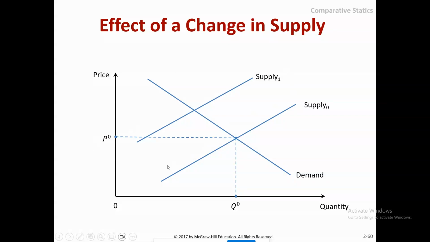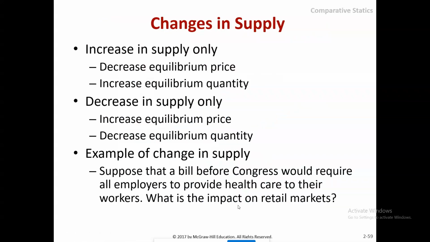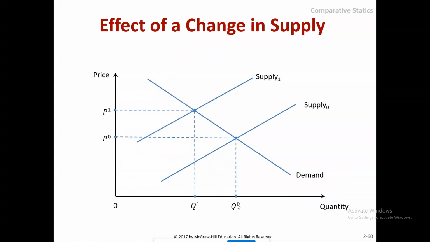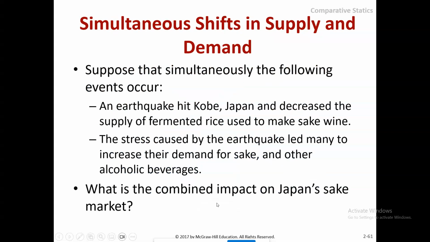So supply decreases, shifting left. If the initial P0 prevails, we will have lower quantity supplied and higher quantity demanded, resulting in a shortage. Therefore, they increase the price and lower the quantity. P0 to P1 increases, Q0 to Q1 decreases.